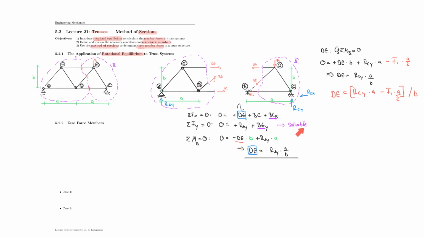And that is the method of sections conceptually. After we talk about the zero force members, we will actually use this in action and calculate some numerical values. But first, let's talk about zero force members.